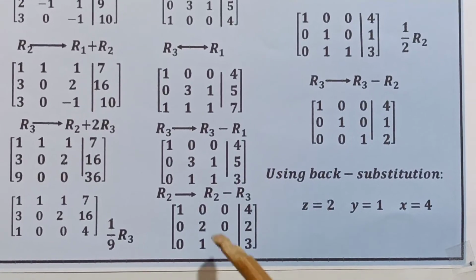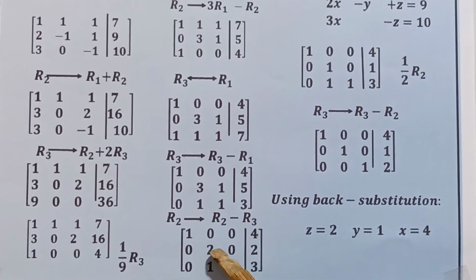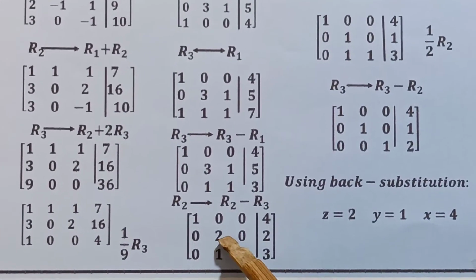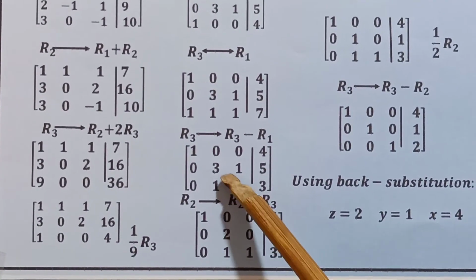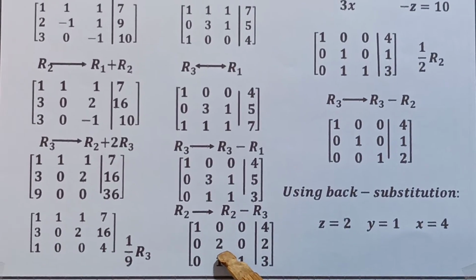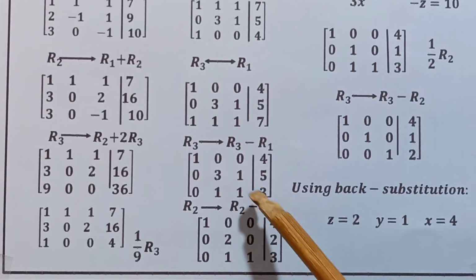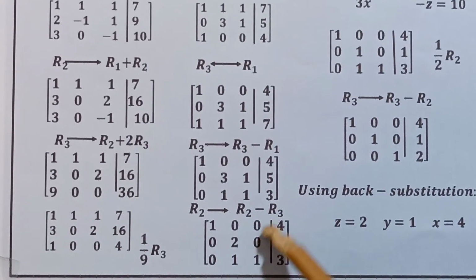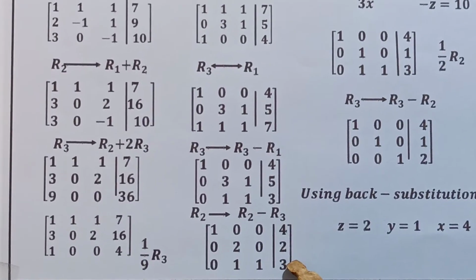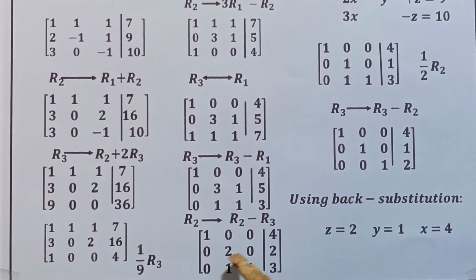And then we subtract again, row 2 minus row 3, and write the answer in row 2. So in row 2, 3 minus 1 is 2. And 1 minus 1 is 0. 5 minus 3 is 2. So we have here 1, 0, 0, 4, and 0, 2, 0, 2.